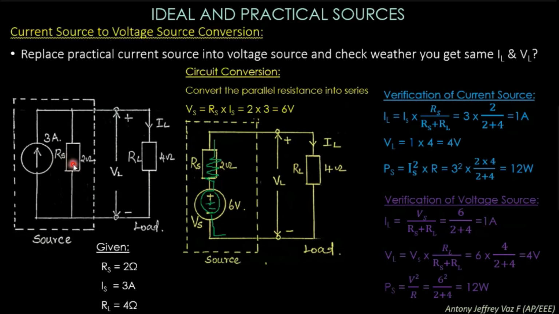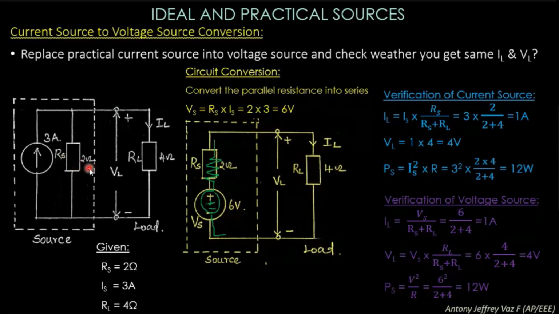So this resistance is disconnected and then connected in series. Can you understand? This voltage source is 6 volt. We have found it through Ohm's law. After that, we disconnect this parallel resistance and connect it in series with the voltage source, and the source resistance is 2 ohm. It is not changed.